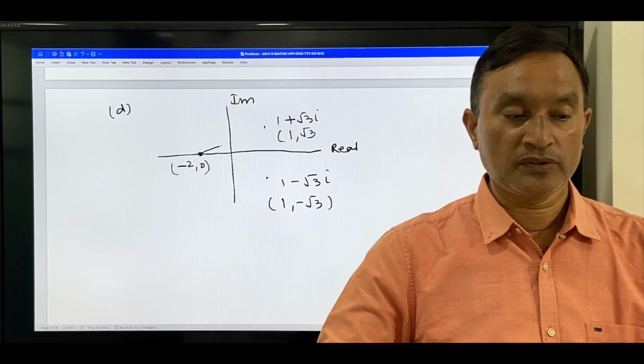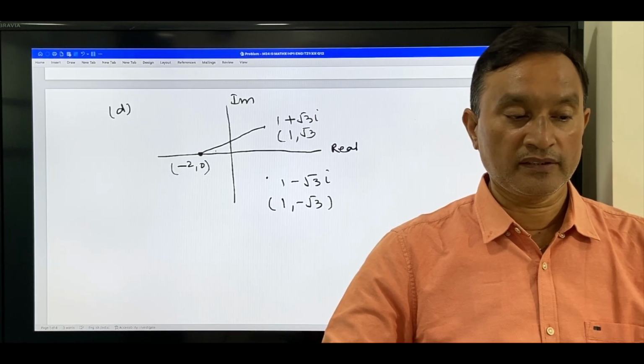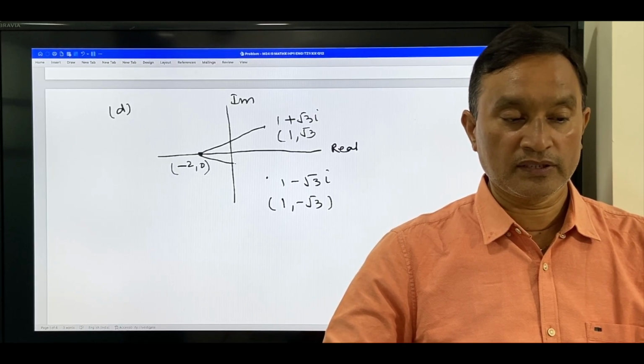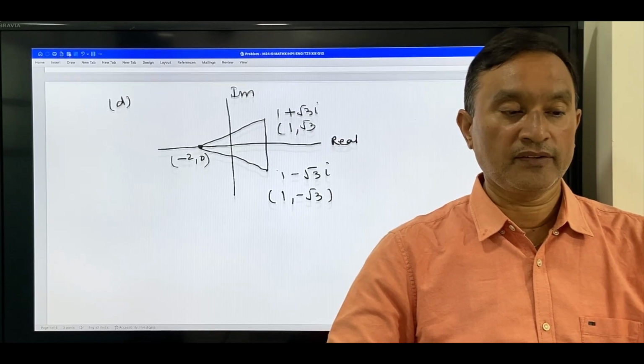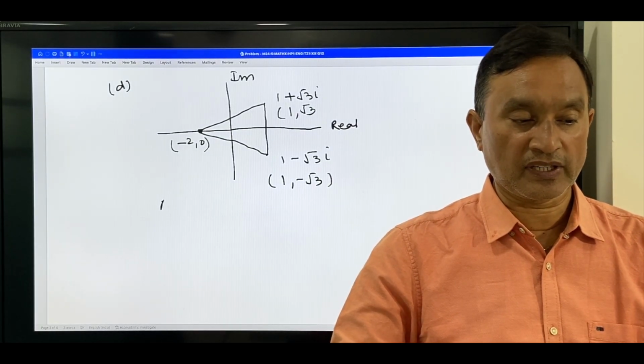So if you join all these 3 points, then we will get a triangle here, and we have to find the area of this triangle.